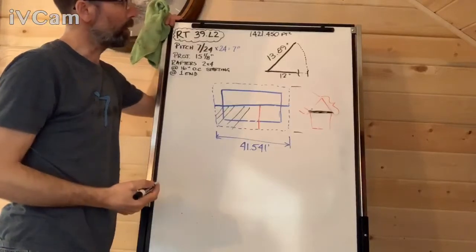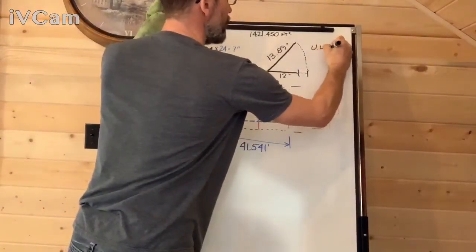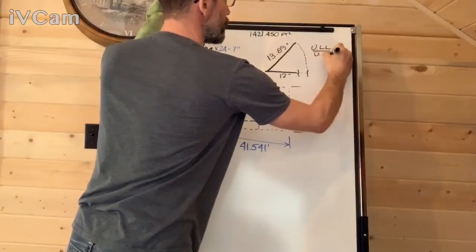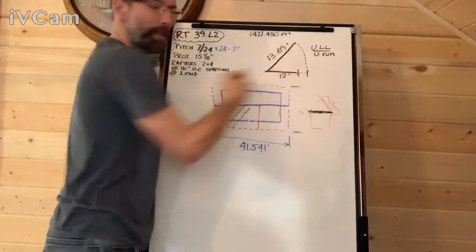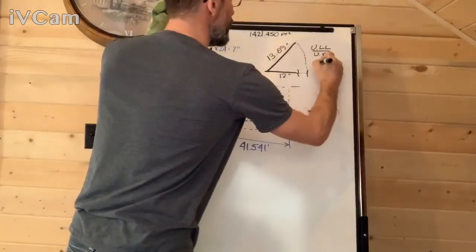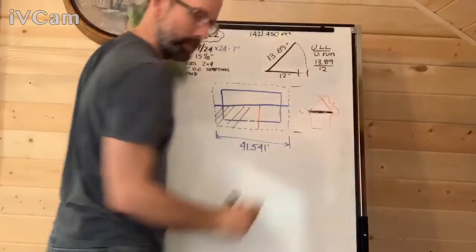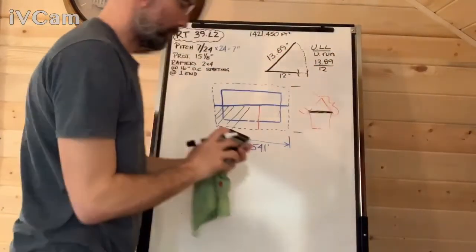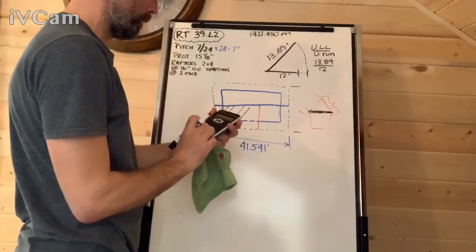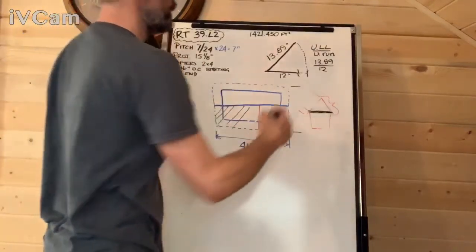How much is that? Well, I can take my unit line length and I can divide it by my unit run, and it will give me the difference there. So here I have 13.89 divided by 12. 13.89 divided by 12 gives me 1.158.